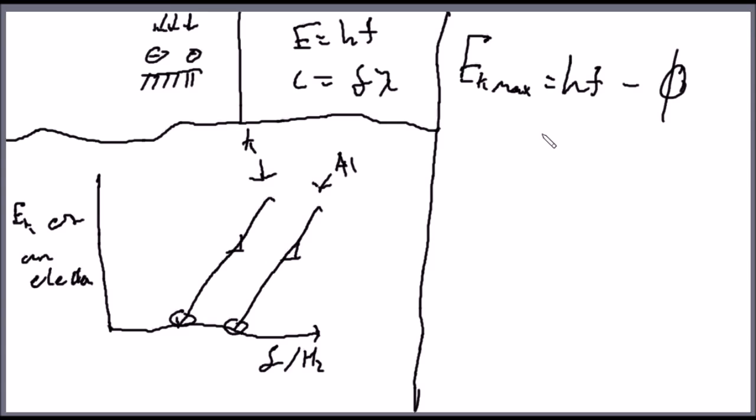A photoelectron, by the way, is just an electron that has been liberated by a photon, and that's phi, I believe. So this equation just states that the kinetic energy of an electron varies with the energy of the photon, and a constant depending on the metal, which is subtracted away.